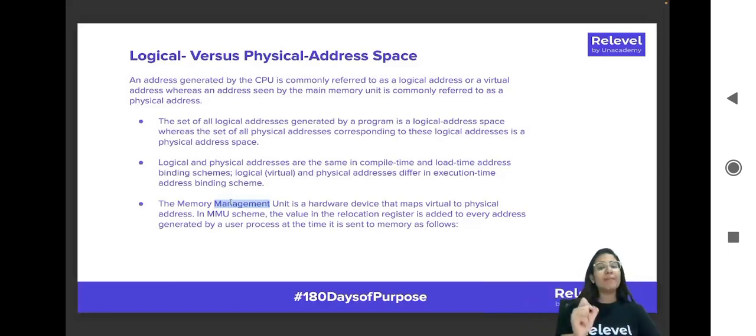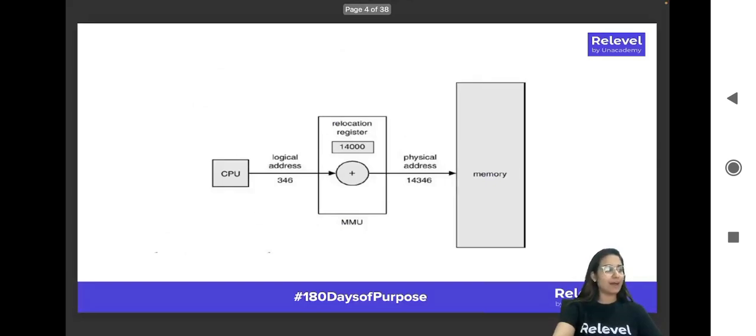In the memory management unit, the value in the relocation register is added to every address generated by the user. For understanding this point, we have to take an example. The base register is basically known as the relocation register.